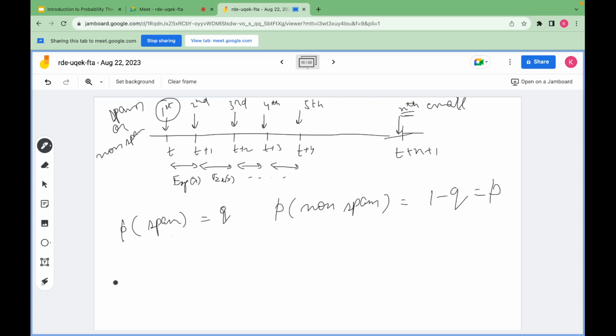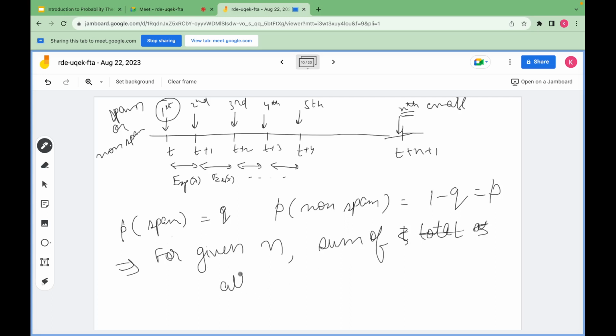So given this n, the total number of spam emails is nothing but a binomial distribution with given n and probability q.